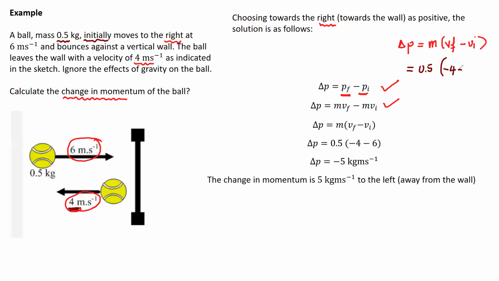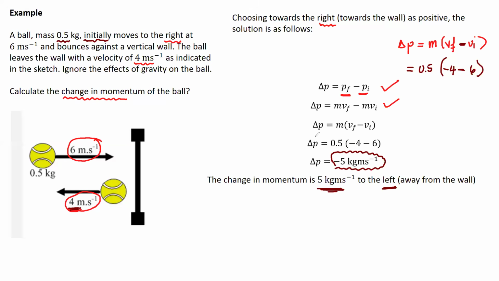So -4, minus, from the equation, then what's the initial velocity? 6. The rest is maths. I got my answer as -5 kilogram meters per second. But when you conclude it, you would say the change in momentum is 5 kg meters per second to the left. The negative shows you the very direction that it is ultimately taking.